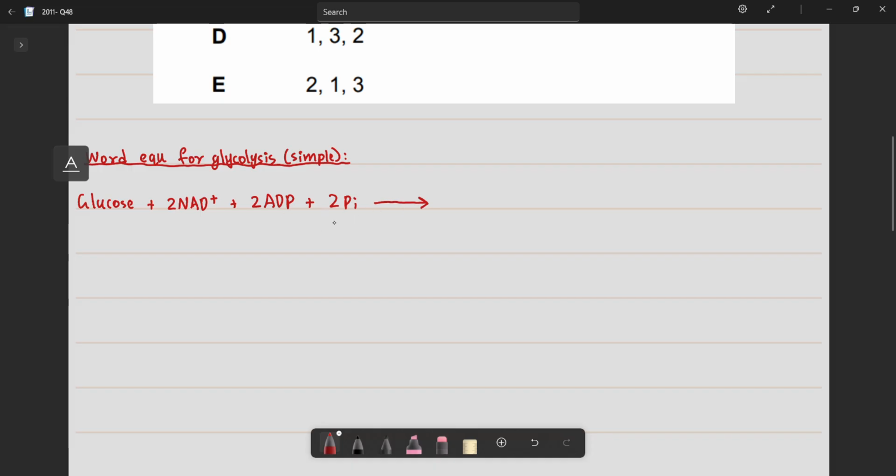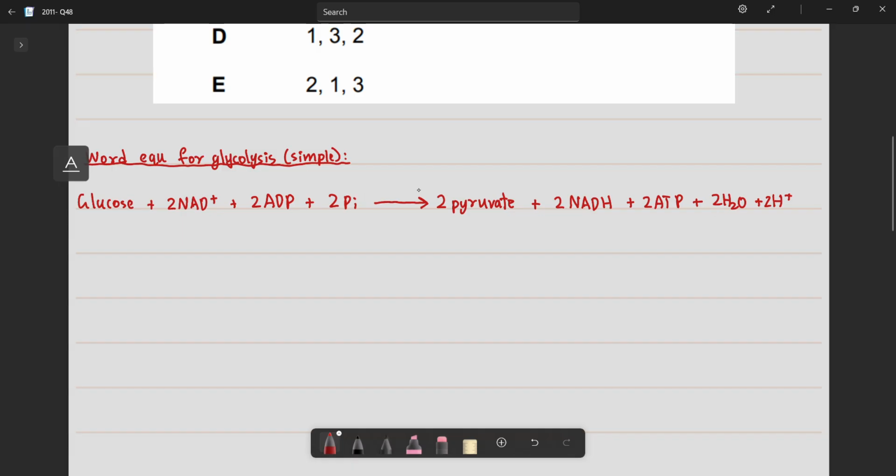These reactants, when combined, produce two pyruvate compounds plus 2 NADH plus 2 ATP plus two water molecules and also two protons, two hydrogen ions.